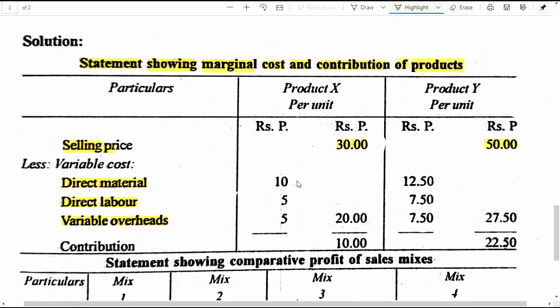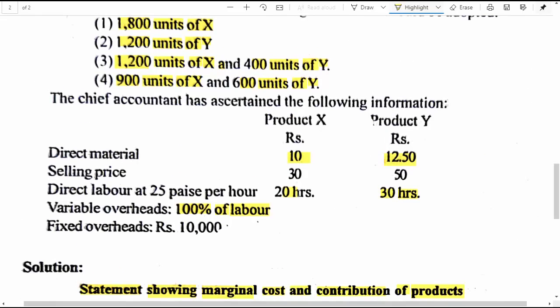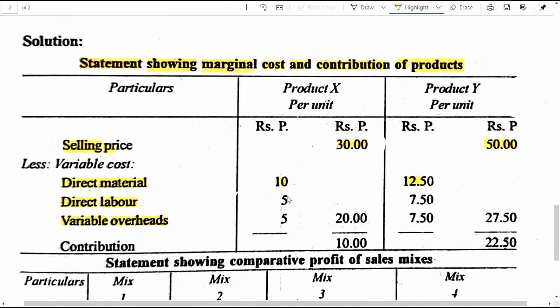Direct material for X it's given in the problem as 10 rupees per unit, for Y it is 12.5 rupees per unit. Direct labor, as I said, 20 hours into 25 paise, here 30 hours into 25 paise. It comes to 5 rupees for product X, then 7.5 for product Y.